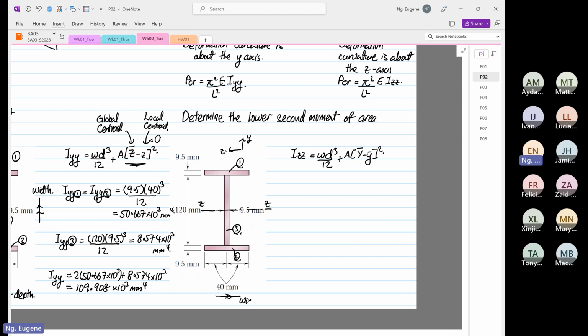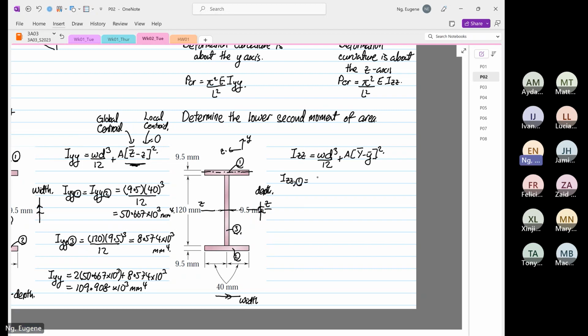This is the width, and over here, this is our depth. So IZZ, we know there is a centroid. Okay, so over here, this is our individual centroid.